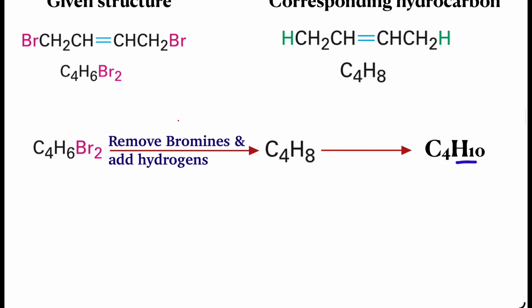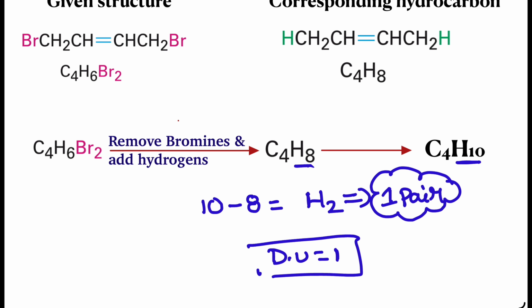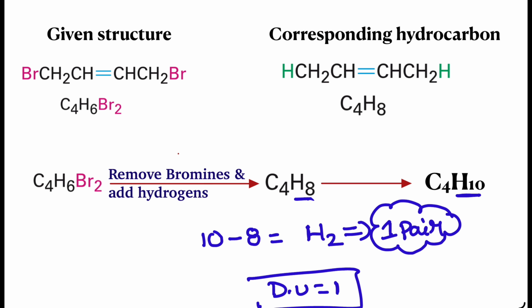You can see here the number of hydrogens will be 10 in saturated hydrocarbon. Given one is having 8, there is a deficiency of 2 hydrogens, that is nothing but one pair of hydrogens. Therefore degree of unsaturation is 1.